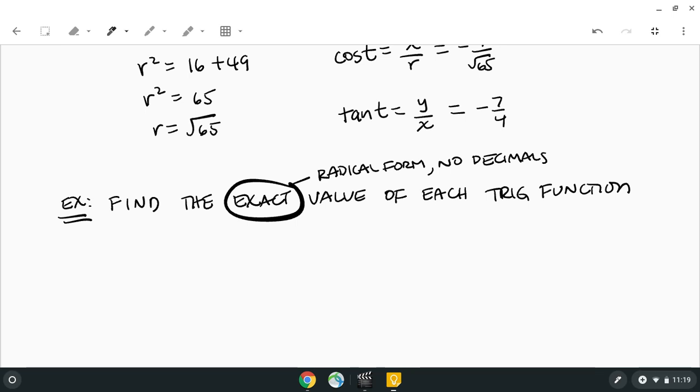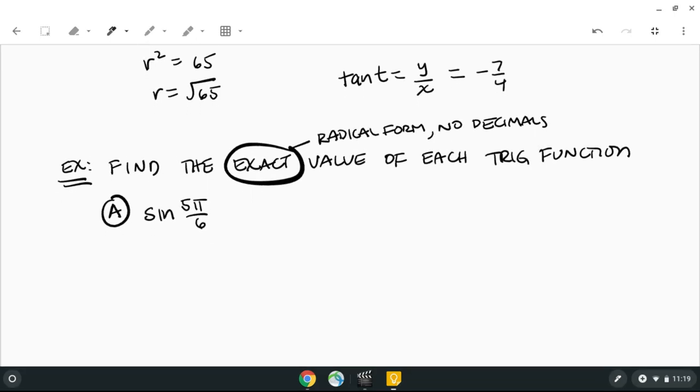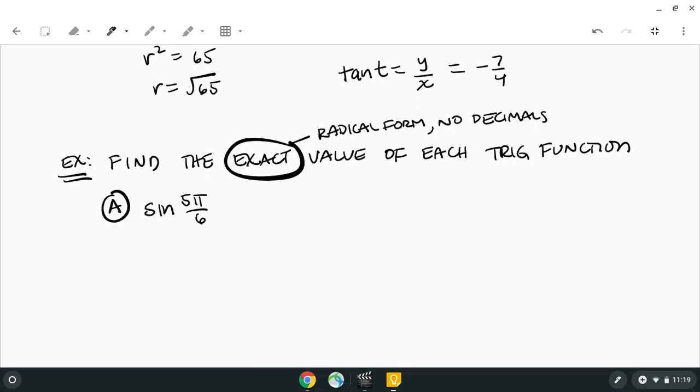Okay, so suppose that we have this one, sine of 5 pi over 6. Again, figure out which quadrant that is in, just like what we were doing in the last section. If you need to cut this up, this is pi, 2 pi.